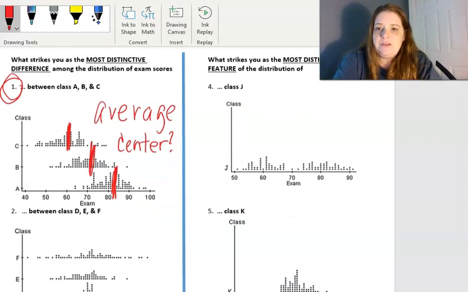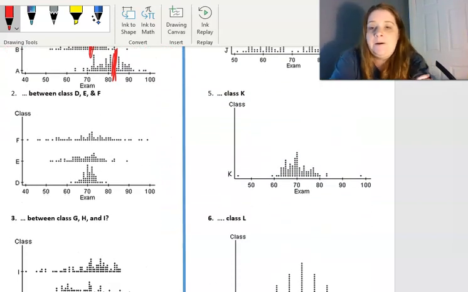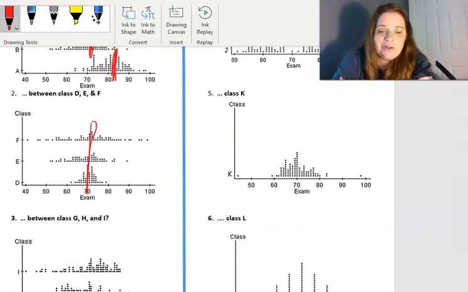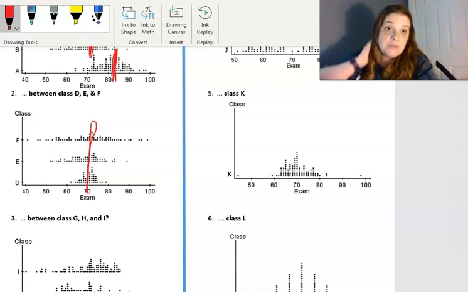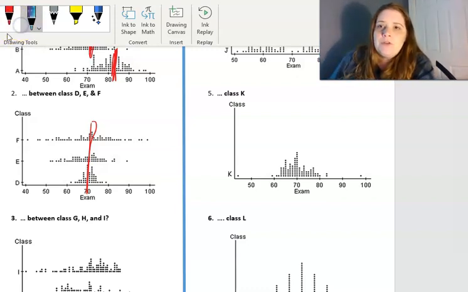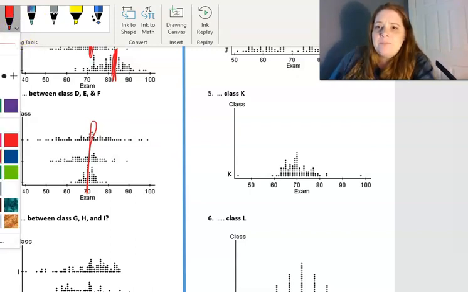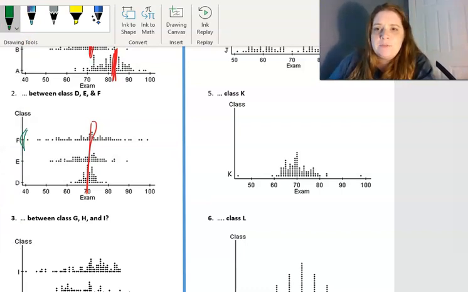If we go a little farther down here, I've got 2 more classes. Now, these all have pretty similar centers. They're all centered at around 70. And that's not the story that is being told, though. So when I look at this graph, what I see as the difference is that the first one just seems so much more spread out than the middle one is, and even more so than the bottom.